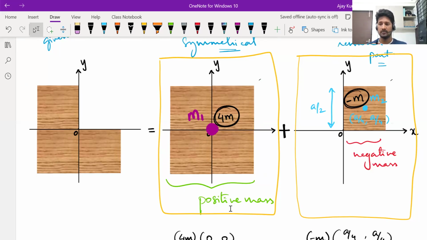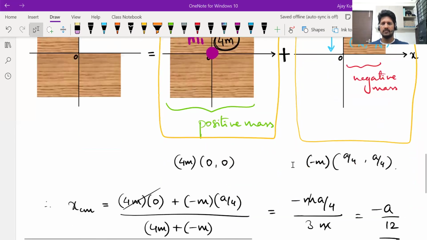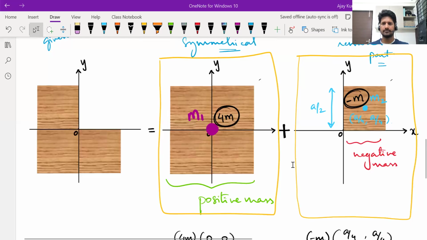But you should be cautious. You have to take the mass ratio proportional to the length or area or volume, depending on the kind of mass distribution that is given to you. Is the idea clear to all of you? Did you understand this method? Rishi, did you understand what we did? Yes, sir.